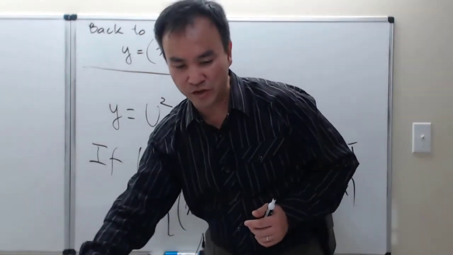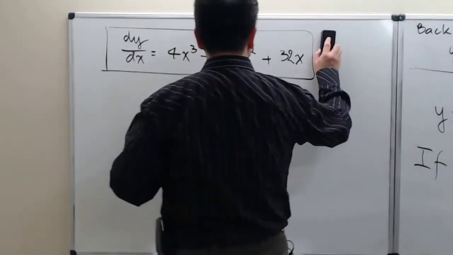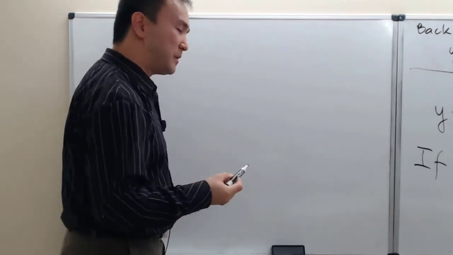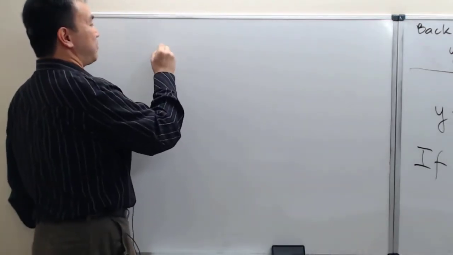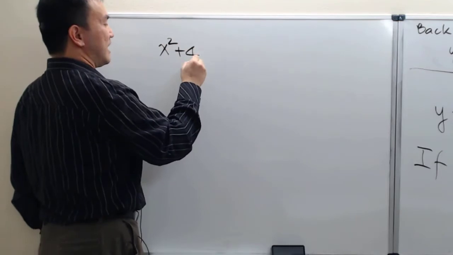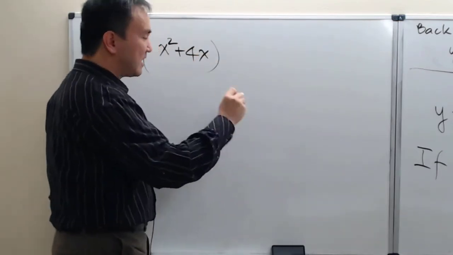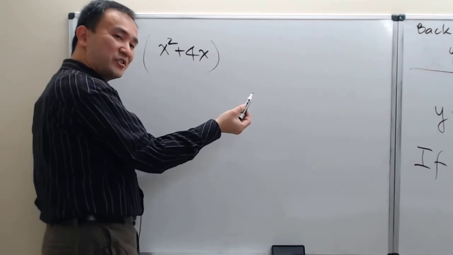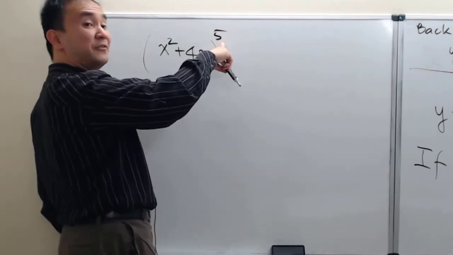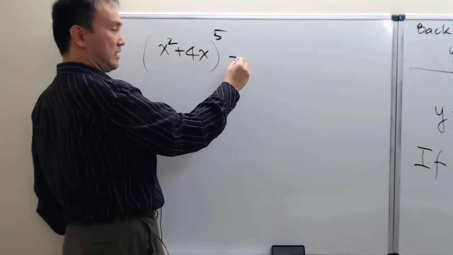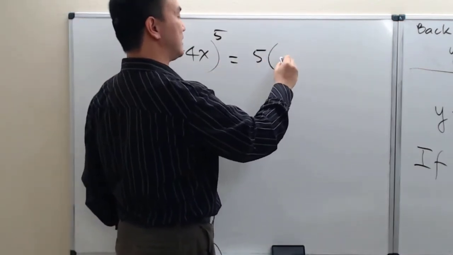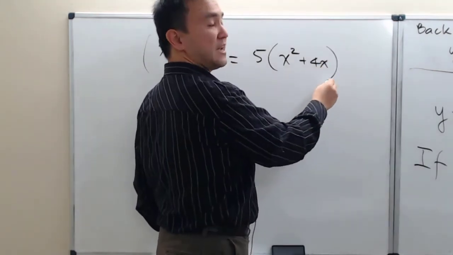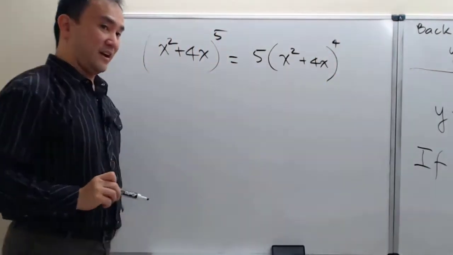Let me quickly switch to the other board. The plan of that former student of mine was to apply exactly the same rule. If what we did there was an allowed operation to find a derivative, then he could have done that on the fifth power. So this could similarly be 5 times the entire x squared plus 4x kept the same, but now to the fourth. That was their plan.